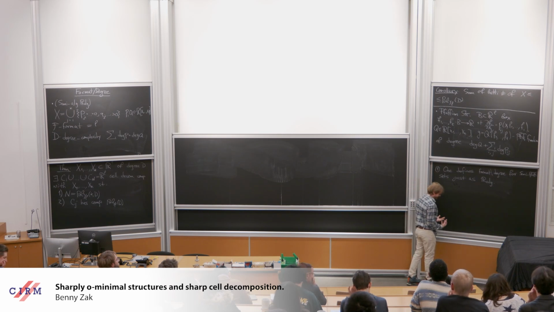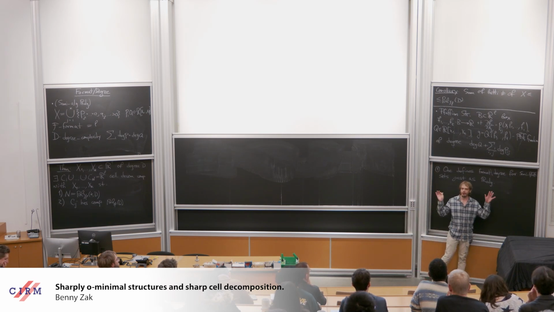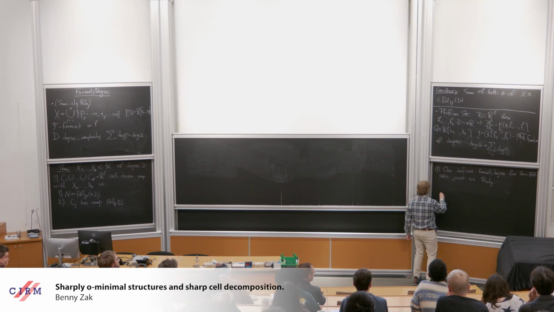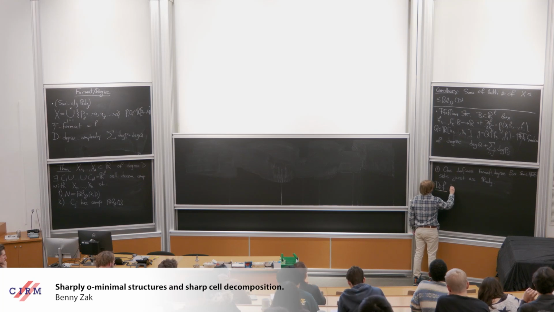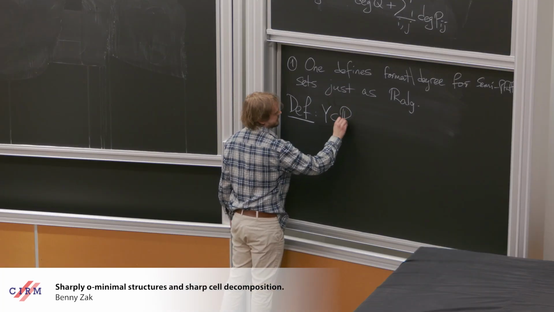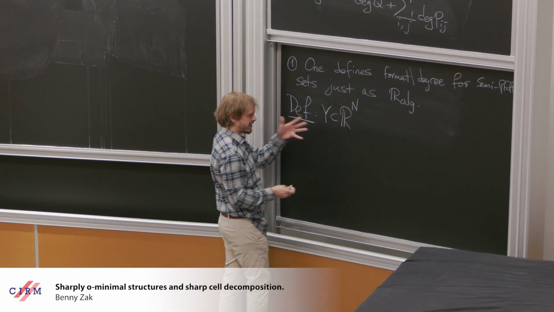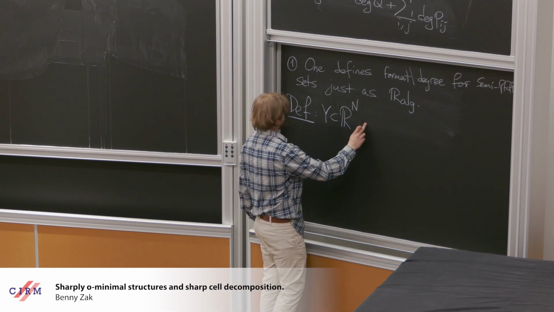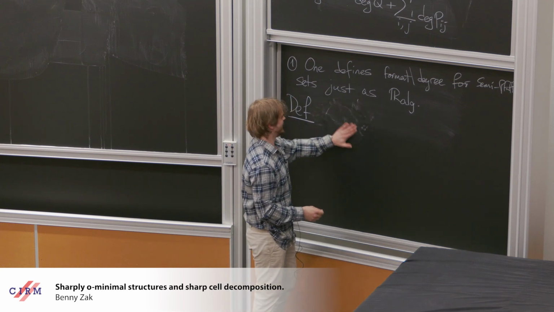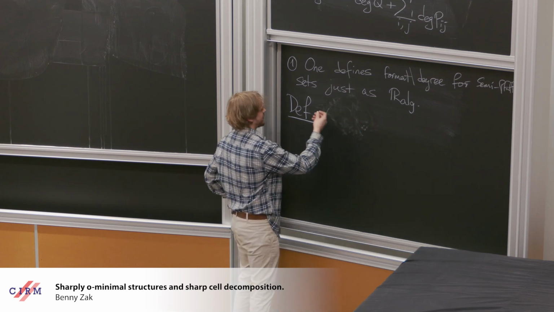So in order to get an o-minimal structure, you have to add all the projections of semi-Pfaffian sets. So the definition goes like this. Let y in R^n, think about it as large n. Maybe I will do it like Bourbaki wants me to do it.